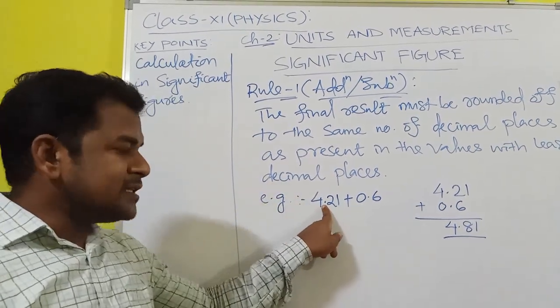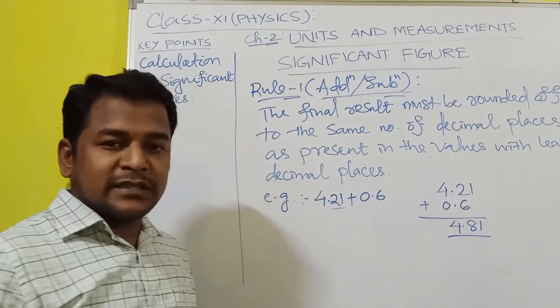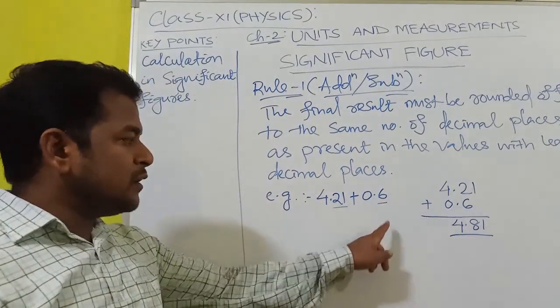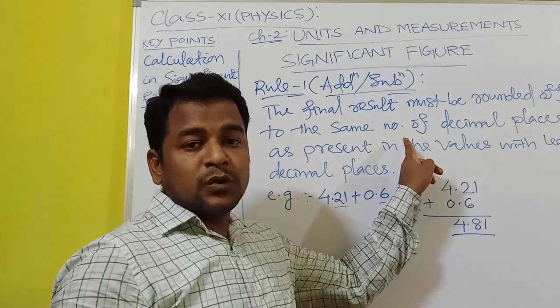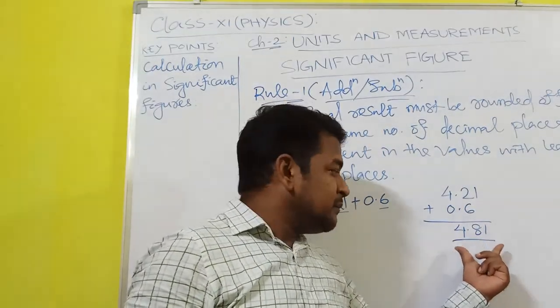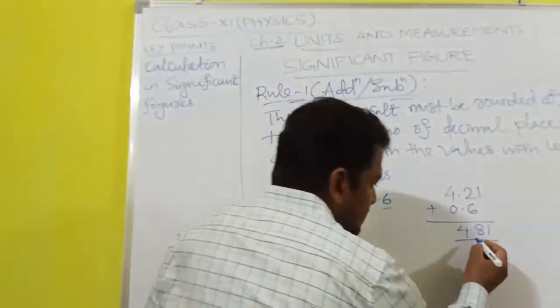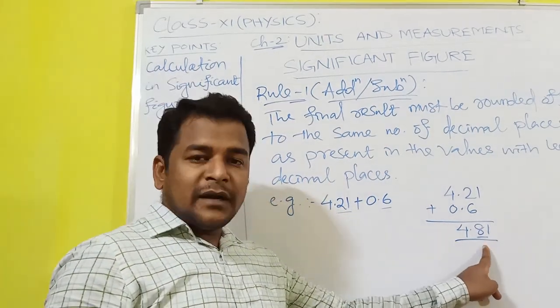Now look, in the first number there are two decimal places, meaning after the decimal two digits are there. In the second number there is only one decimal place. So as per rule number 1, this final result must be rounded off to one decimal place only.